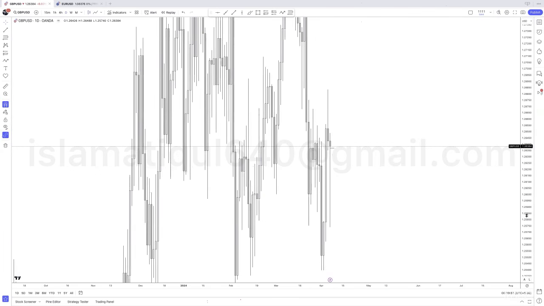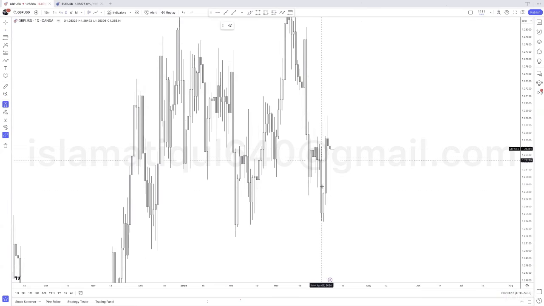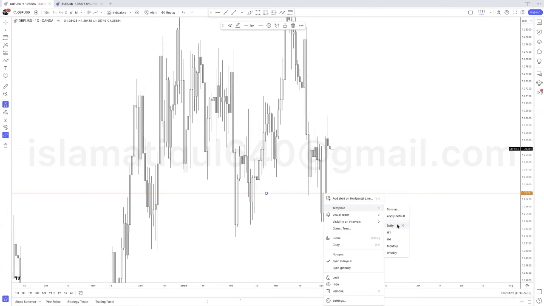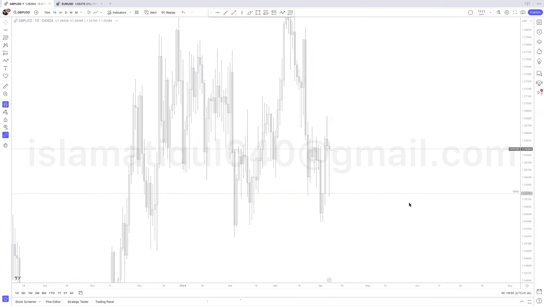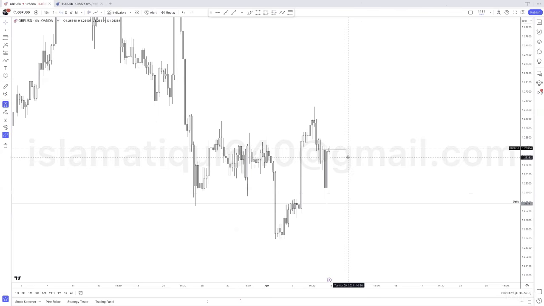Daily has rejected a daily support, and then H4 has given you the break of structure on the line chart. So the line chart break, if it has happened as a result of a higher time frame rejection, is valid. Just line chart breaks are not valid, but if it has happened as a result of a higher time frame rejection, it is valid.